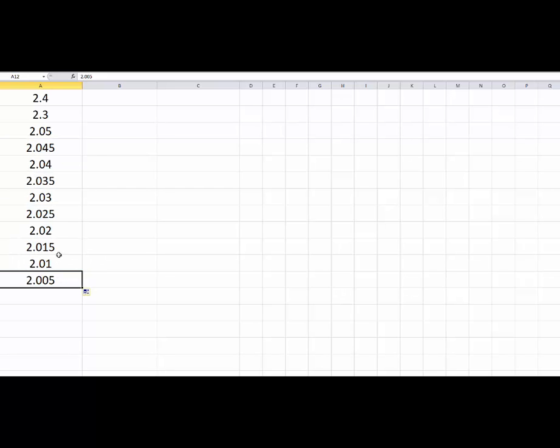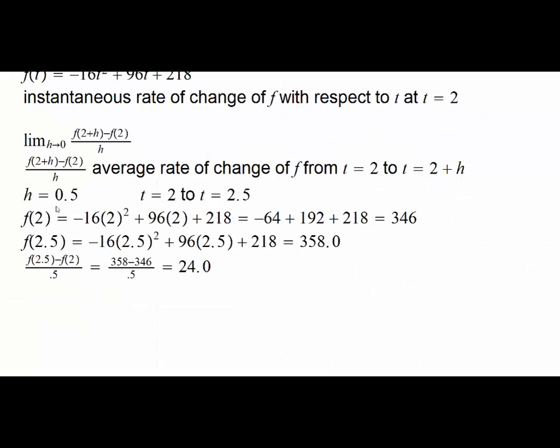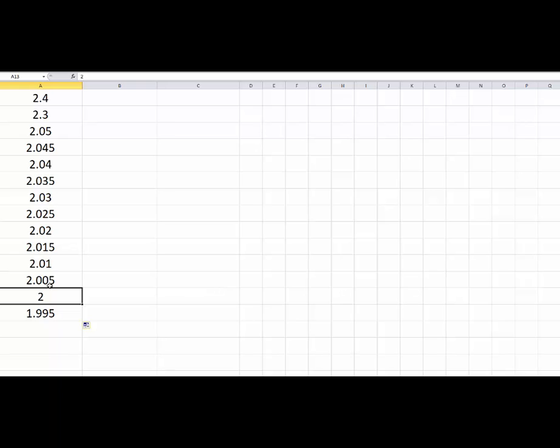Okay, so then we got 2.005, and then we have 2, and then we have lower values. Now we will remove 2 because in that case h is 0 and we will have an invalid denominator.